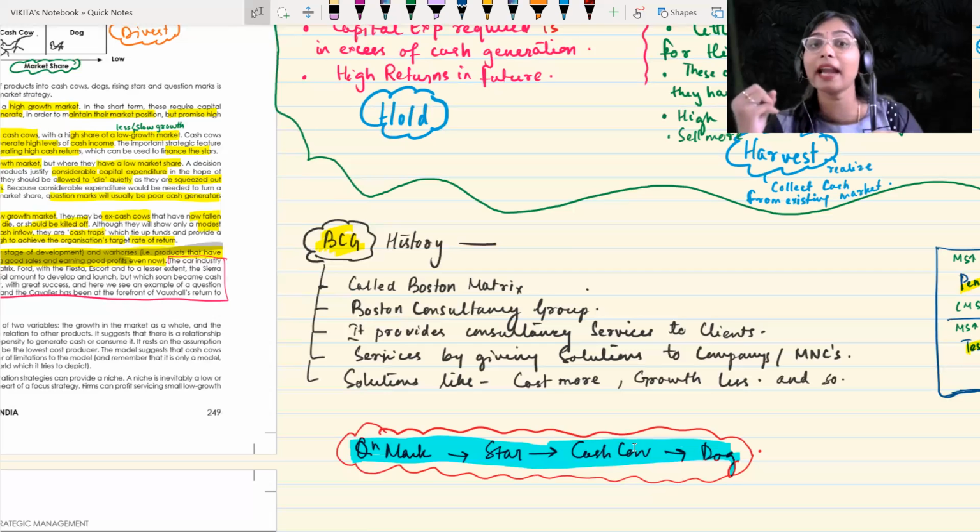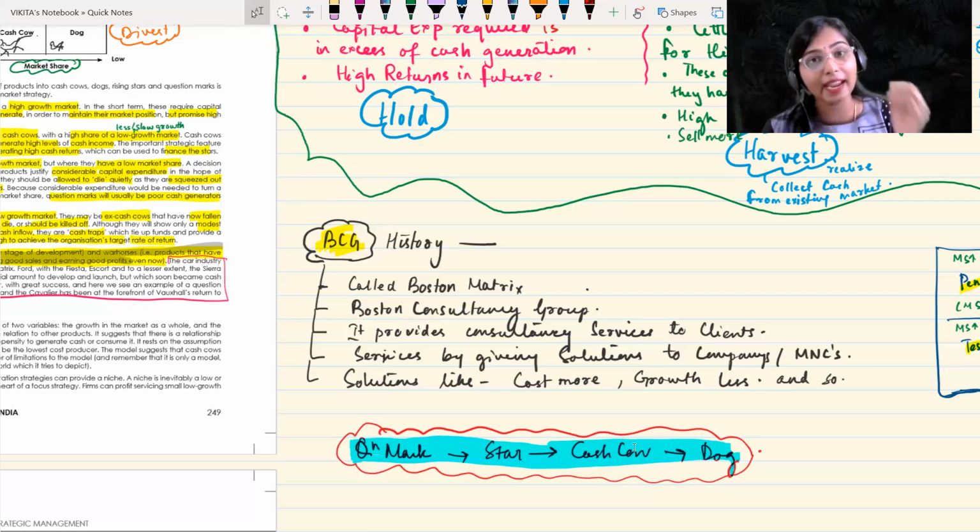So by adopting this particular model, this client became very profitable and had a good position in the market, in the economy, in the society.